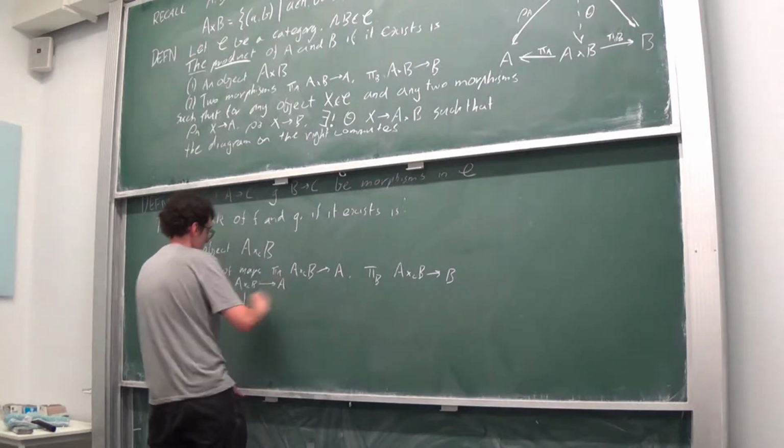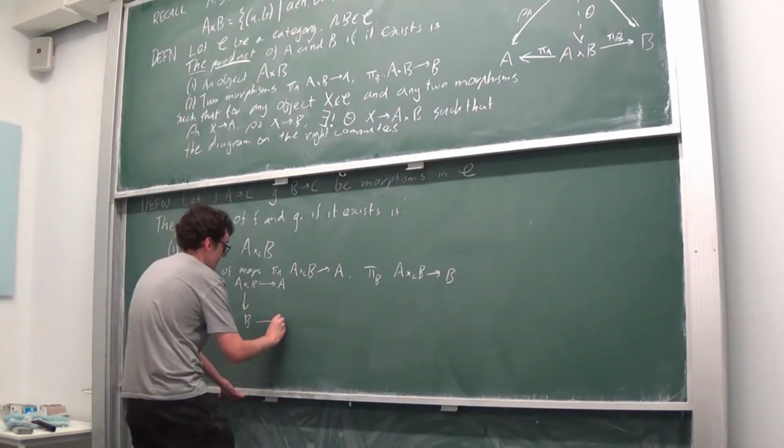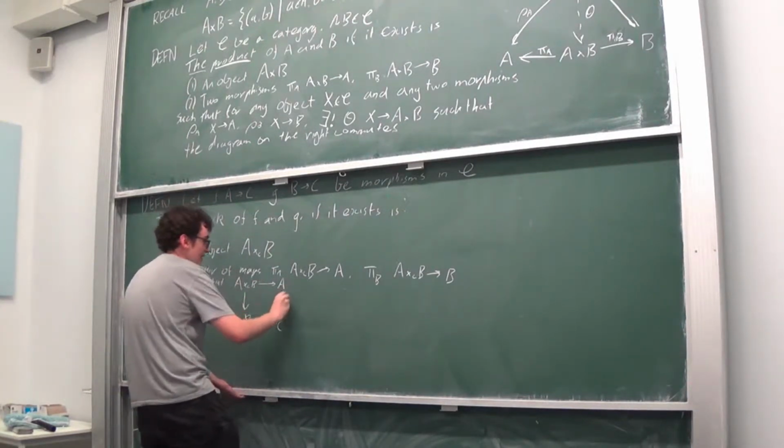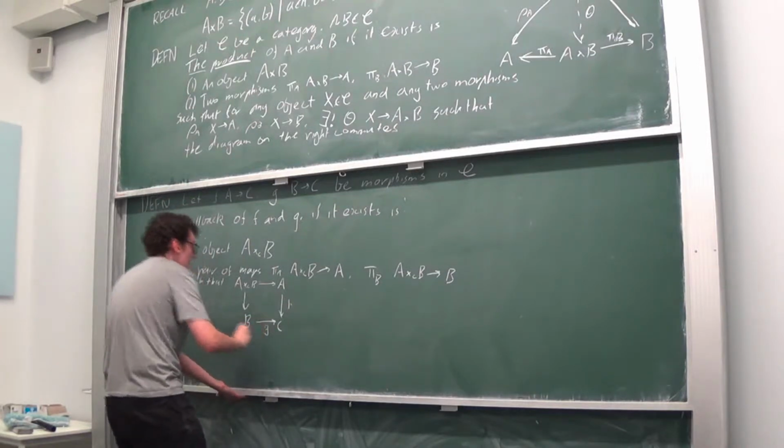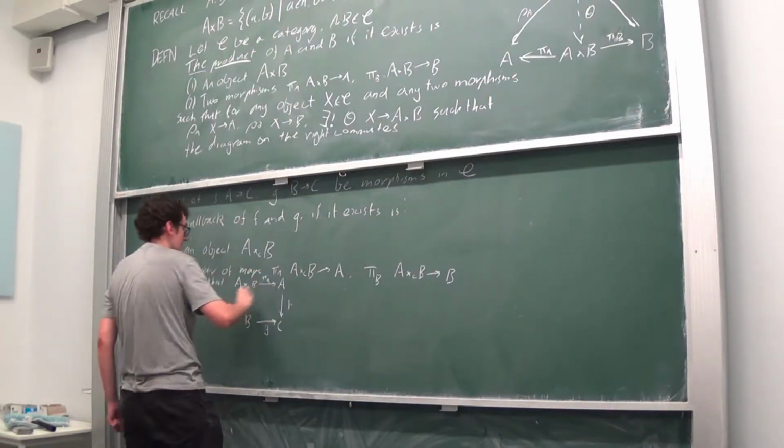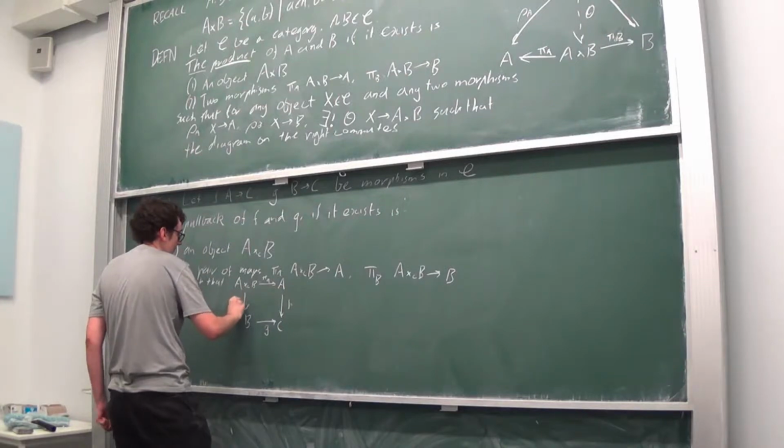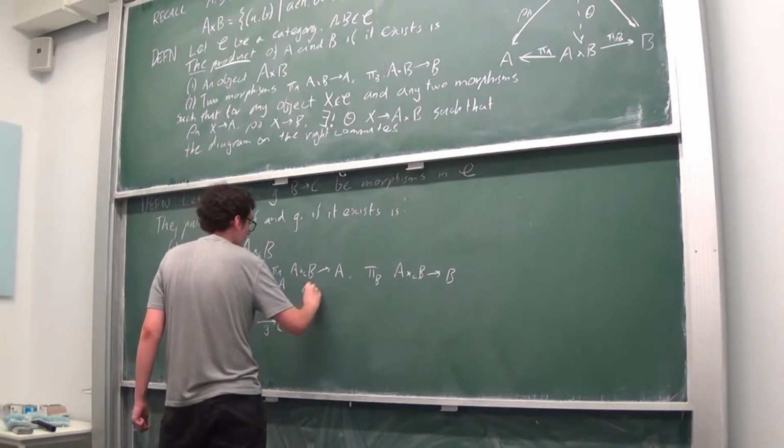So we want A here, B here, C here, and A to C is F, B to C is G, this is pi A, and this is pi B, such that the diagram commutes.